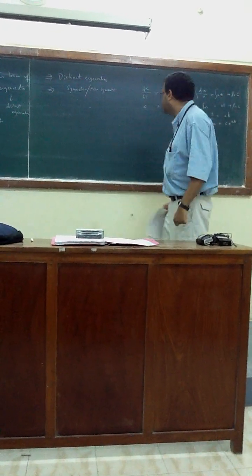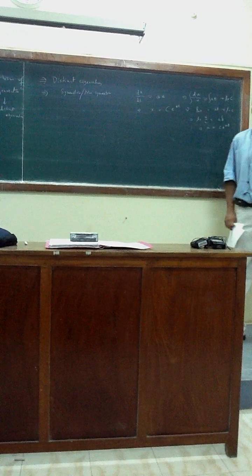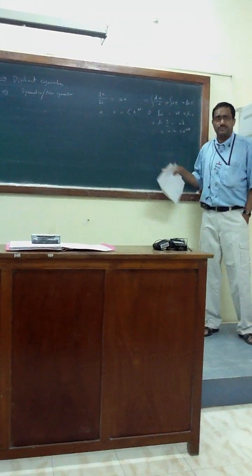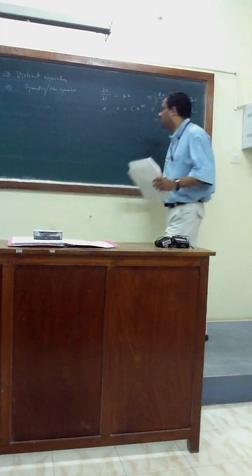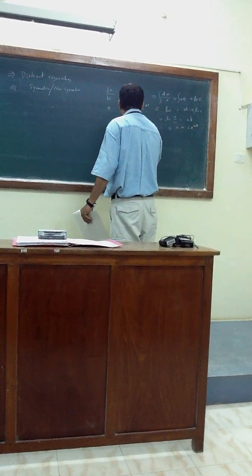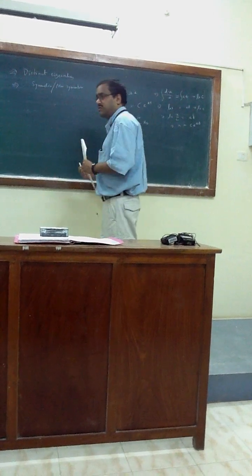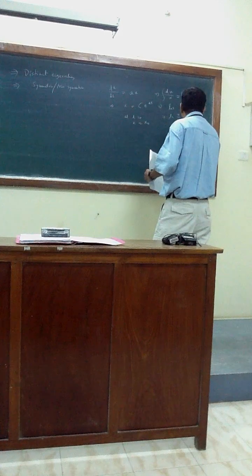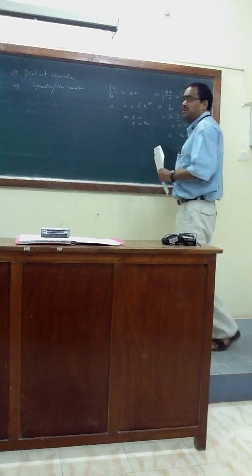So for that purpose, we need to have a condition. What is the condition you require to get a unique solution for this case? At time t equals 0, we need to specify, and quite often we say x equals x0. So if you put t equal to 0, we get x0 equals c times e to the power 0, which is 1.